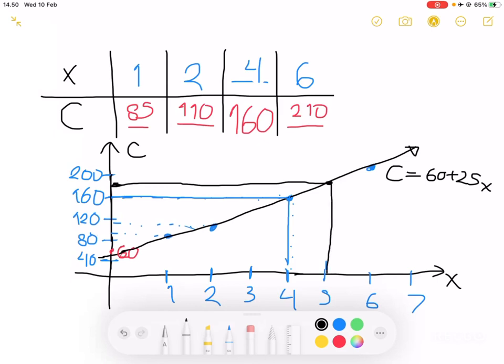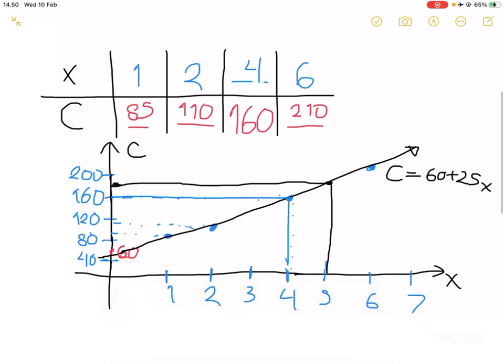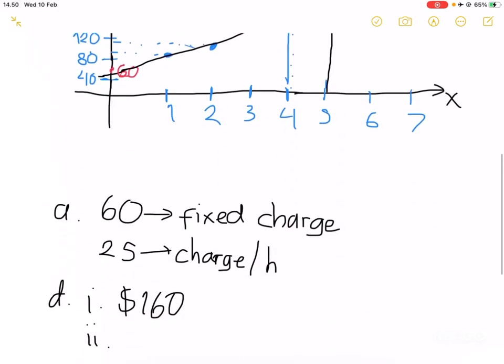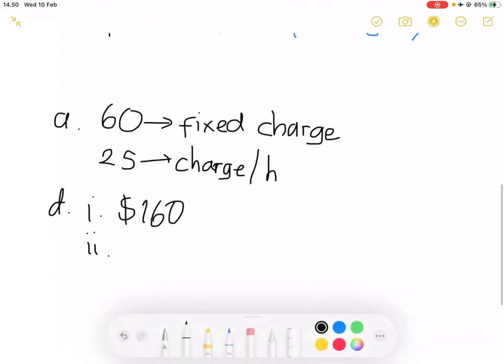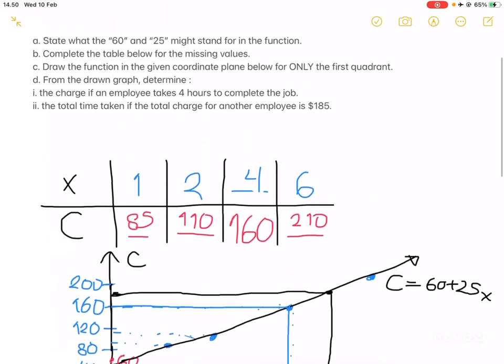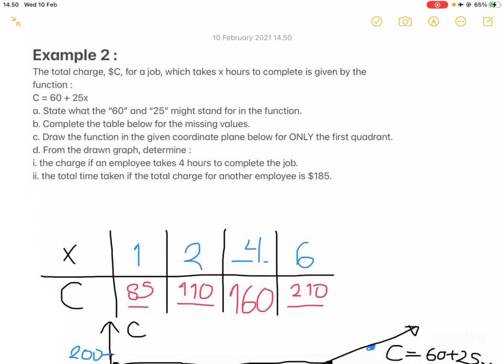And this value corresponds to x equals 5. So the total time taken for a total charge of $185 will be 5 hours. Alright, so this is it for example 2. Let's jump into the next example.